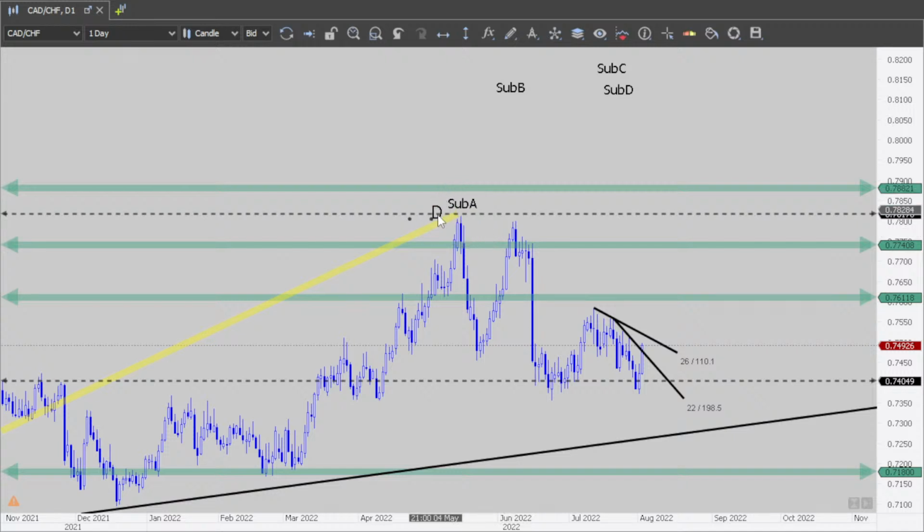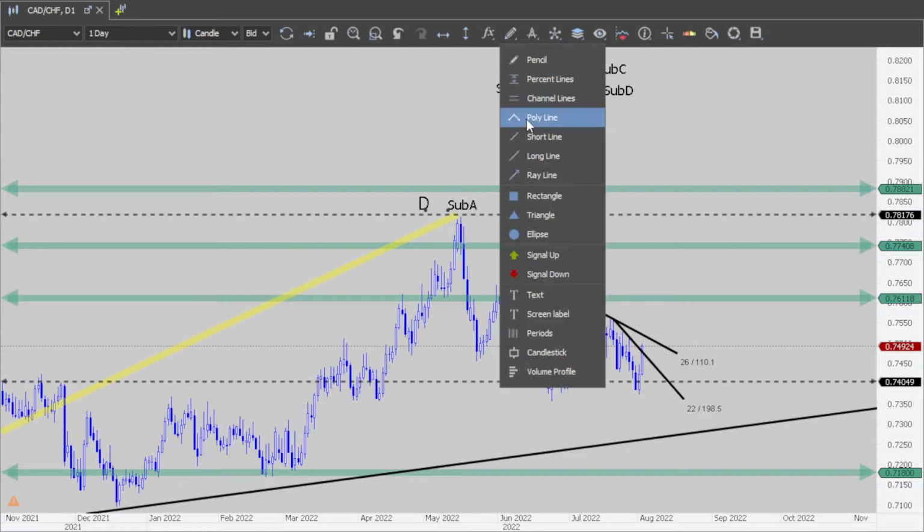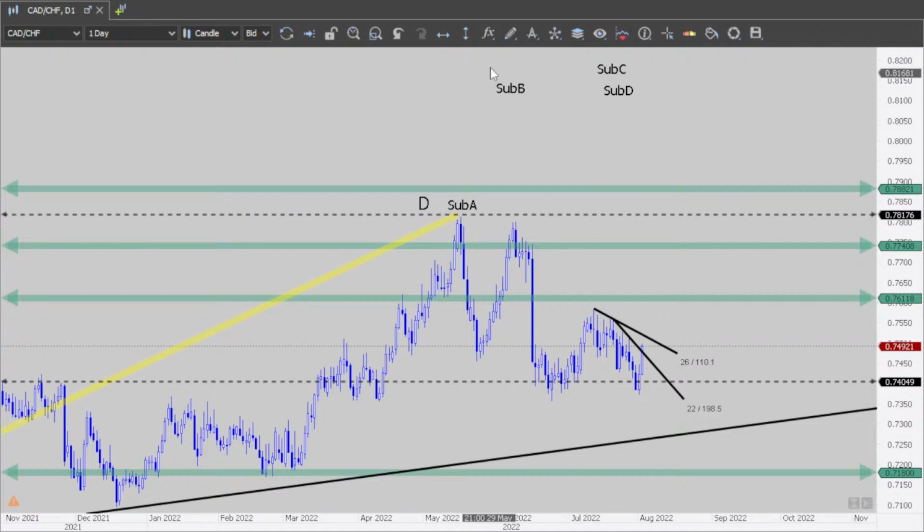Not because of the D. It just happens in here that the D is at the same level, but this is our sub A because this is the highest high, the first high, the absolute high, the starting point of a pattern, like the short-term downtrend, the red line.